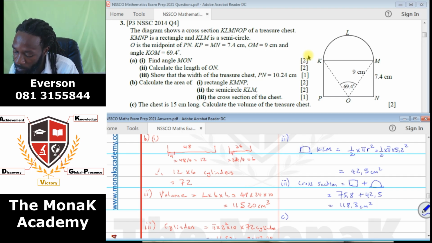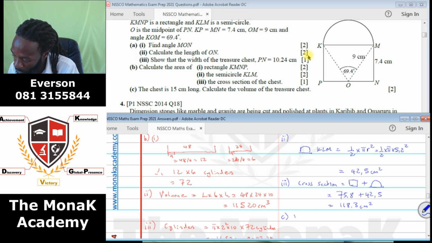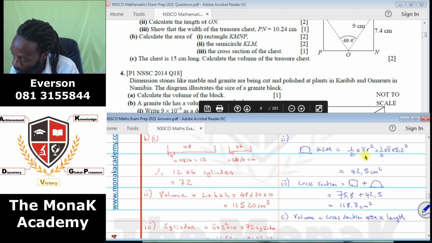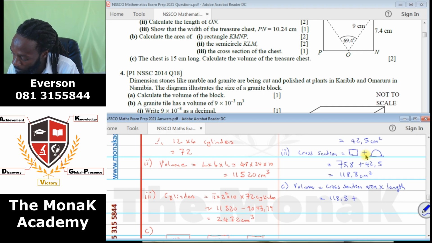C says the chest is 15 centimeters long. Calculate the volume. So volume is cross-section area by length. So our cross-section area is 118.3 plus our length is 15, not plus, times, sorry.